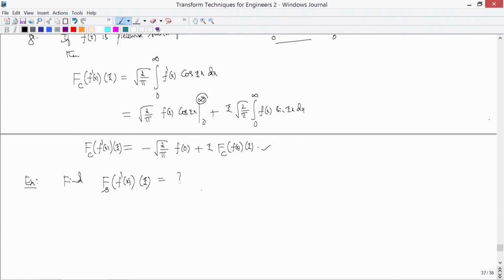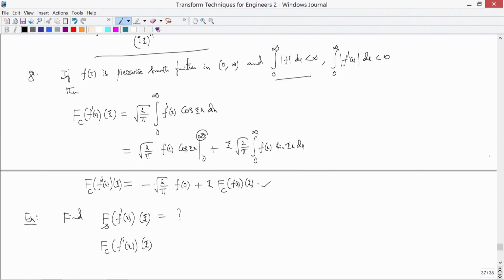And you can also go on to do the cosine transform of f double dash of x, because it is piecewise smooth and you have that many derivatives. If the integral from 0 to infinity of the n-th derivative of x is also finite, in that case you go up to 2 derivatives.